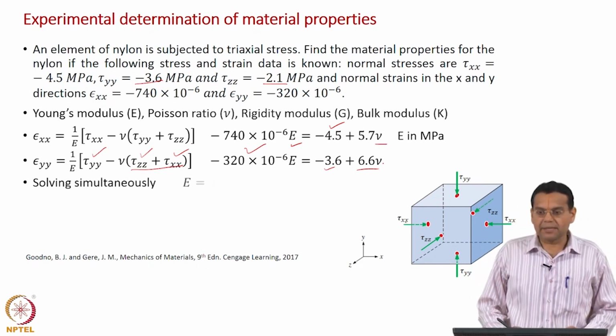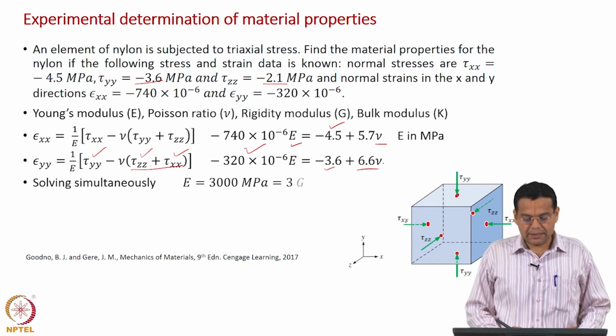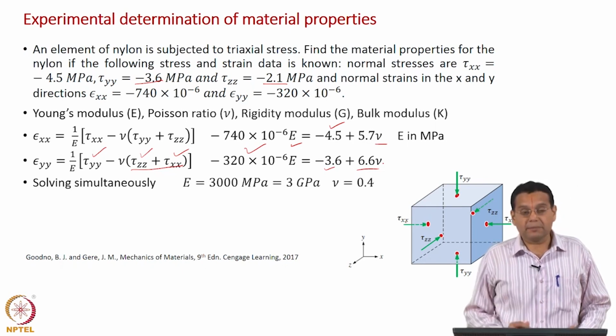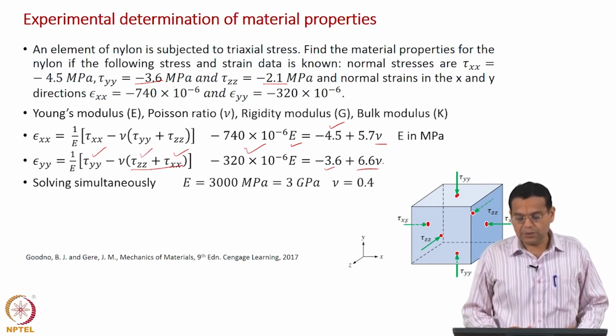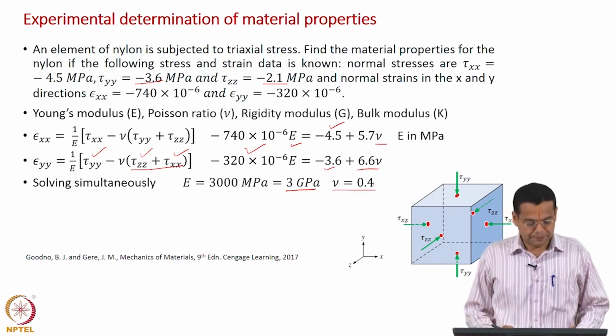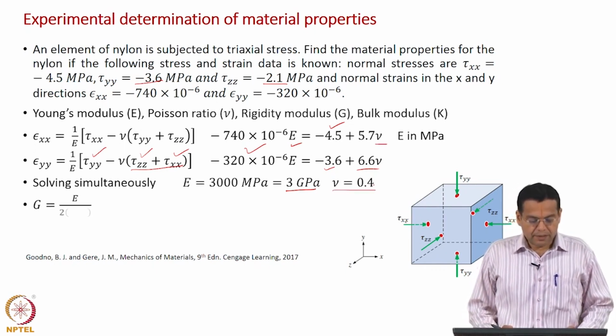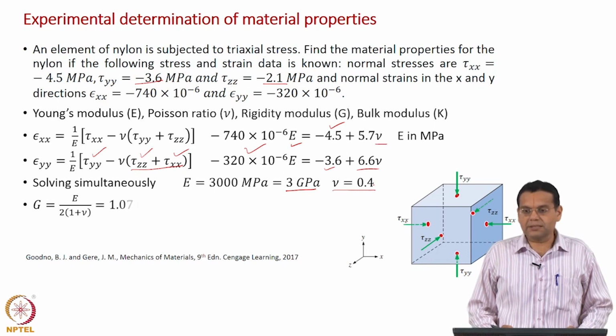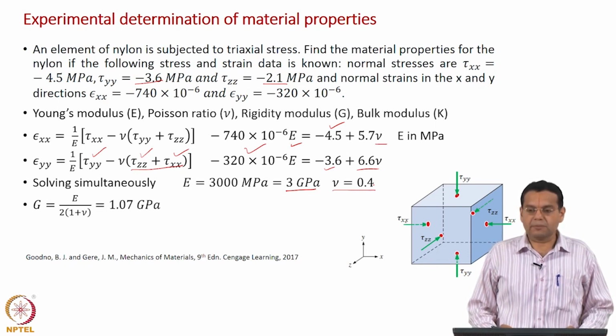Solving simultaneously we get E as 3000 megapascal, a large value usually expressed in gigapascal. So, 3 gigapascal, and nu if you solve you will get as 0.4. Once you get two properties we know that we can get all other properties.